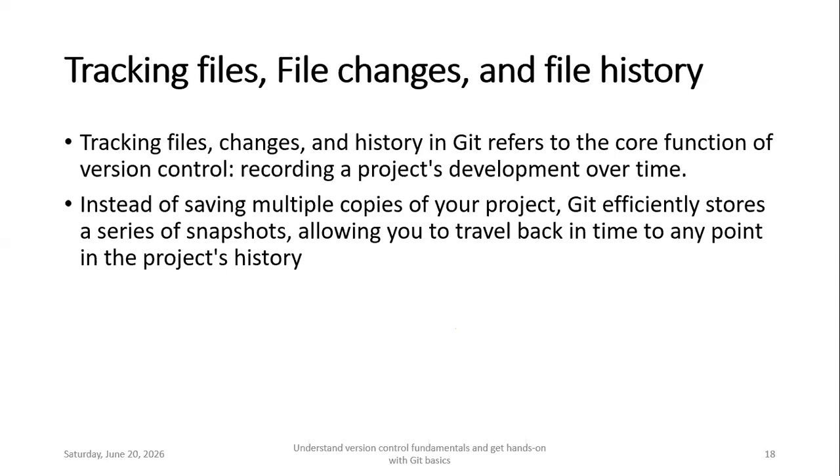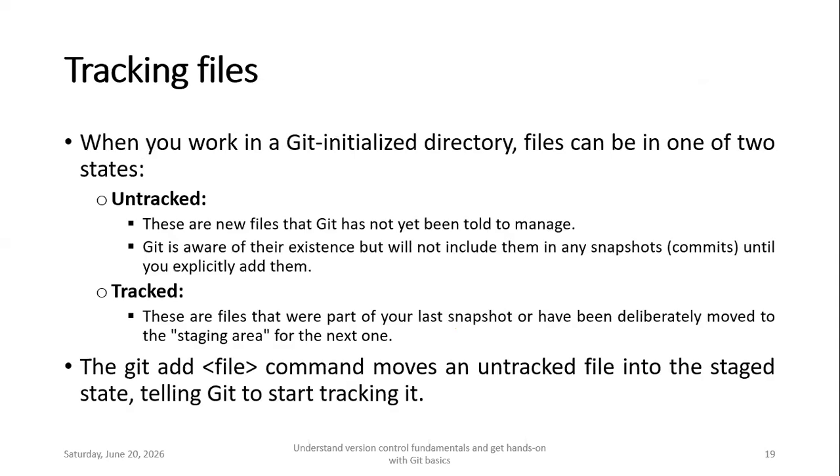You are using traditional methods, but now with these commands, you are doing it automatically. And the efficiency is high. You will be able to travel back and forth by navigating through those commits.